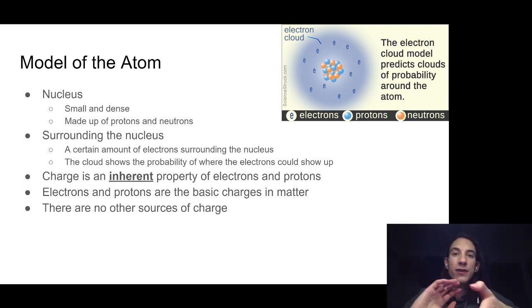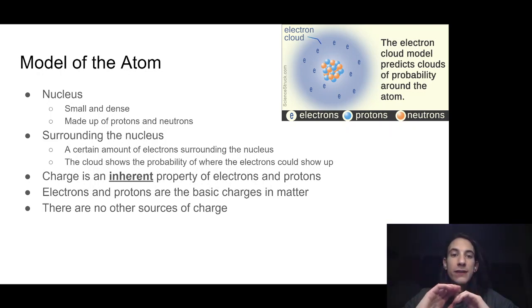Throughout chemistry, we saw a lot of different models for electrons and the atom in general, but it doesn't really matter as long as we have protons in the middle and the electrons outside of it. What we're using is this cloud model, where the cloud represents a probability of where these electrons could be. But as long as we know the electrons are on the outside, not bound, that's really all we need.